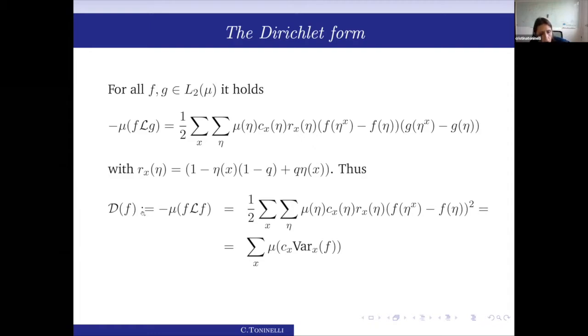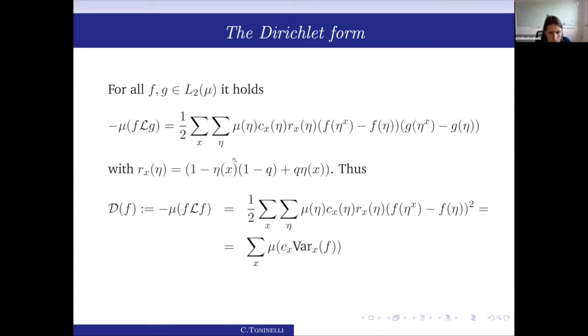Or this Dirichlet form can be equivalently written as a sum over all sites of the mean of the rate function times a function which contains the rates of the Bernoulli measure.